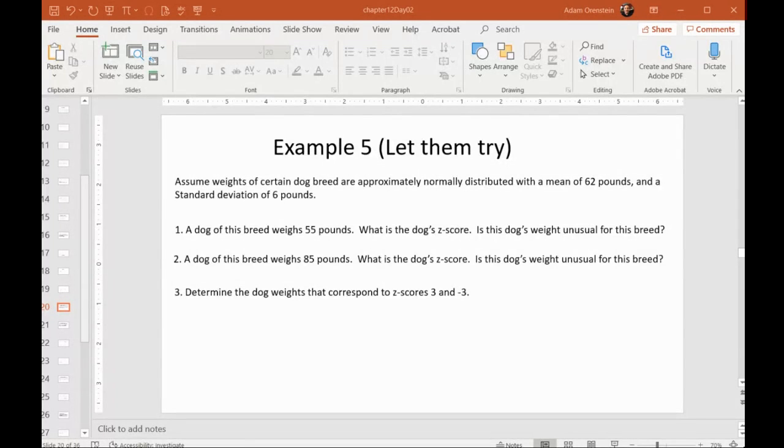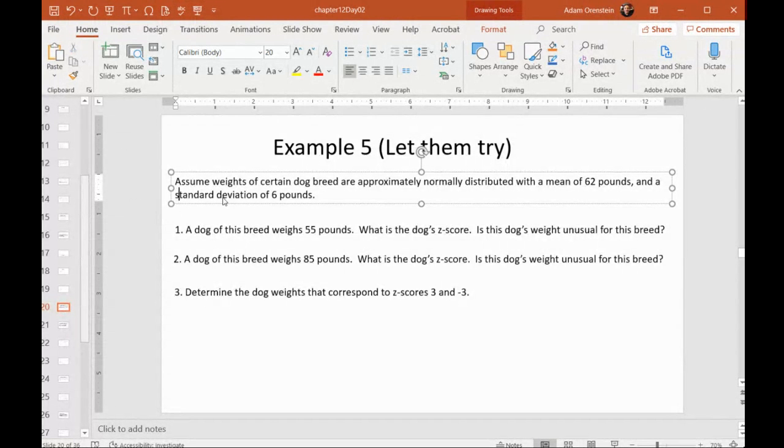All right. So we're going to do this one together. Again, we have a normal distribution here. I mean, it's approximately normal, as they say, but same idea.